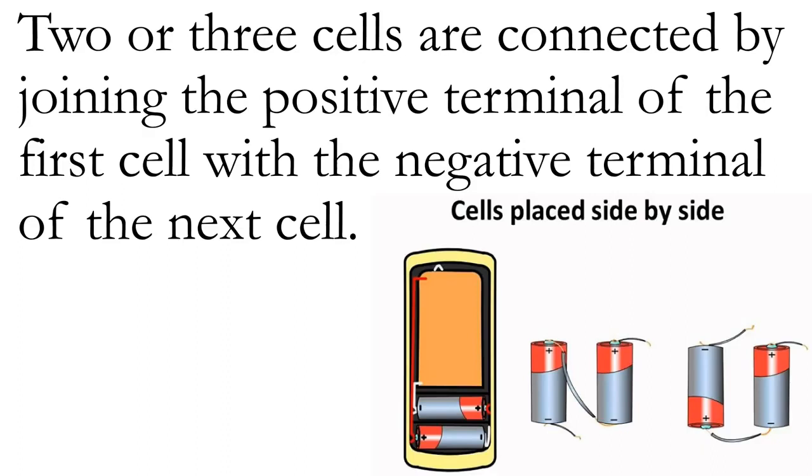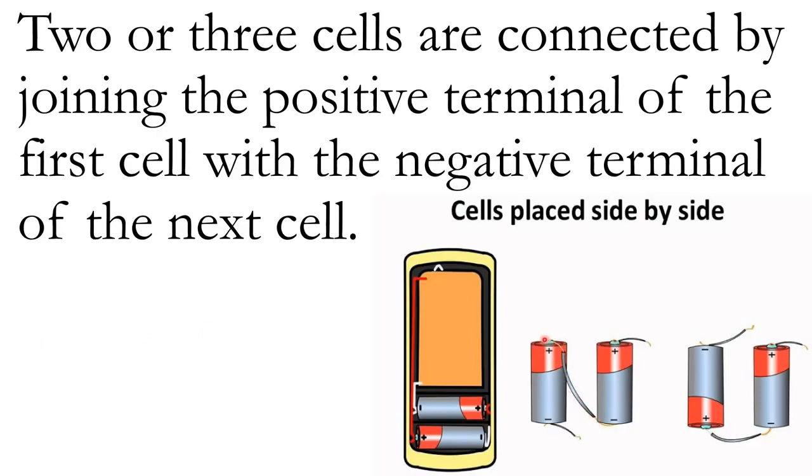Let's now understand how to connect two cells, as each cell has its own two different terminals. Students, two or three cells are connected by joining the positive terminal of the first cell with the negative terminal of the next cell. In the diagram, you can check that the two cells are connected by a connecting wire.